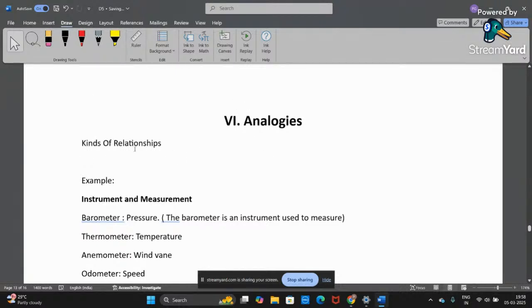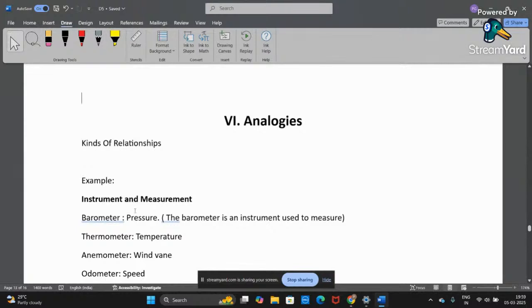Analogies. This kind of relationship we call analogies. In this question, let's take an example of the relationship between instrument and measurement.